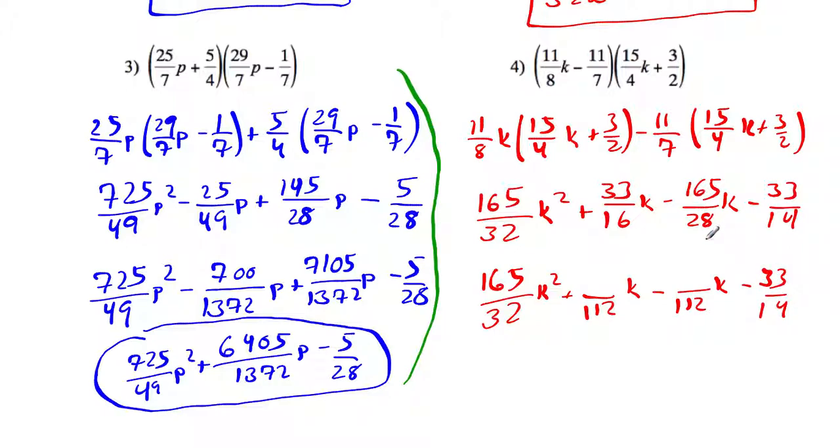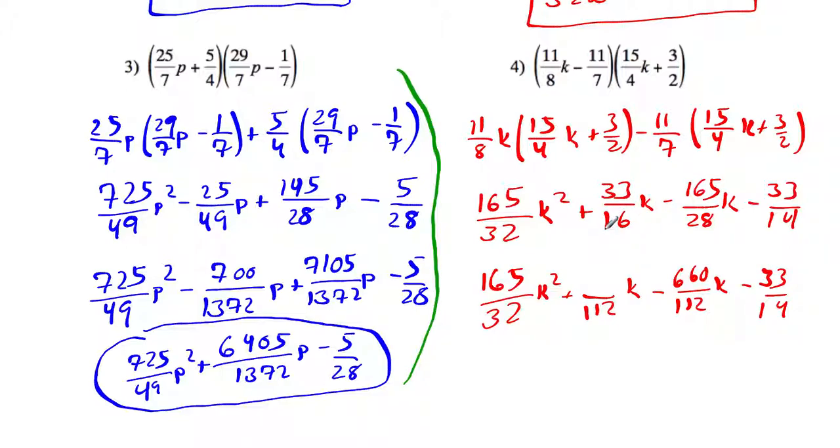What do I need to multiply 28 by to get 112? Well, 4. So what's 165 times 4? And that's 660. And then over here, what do I need to multiply 16 by to get 112? 8.